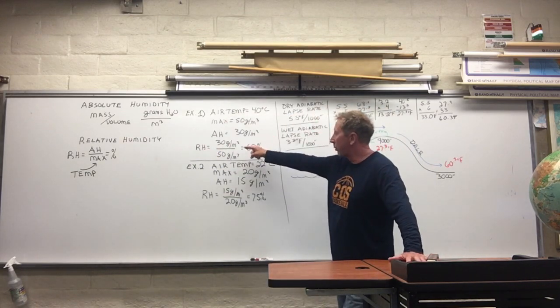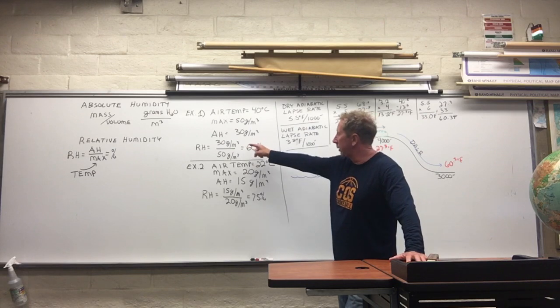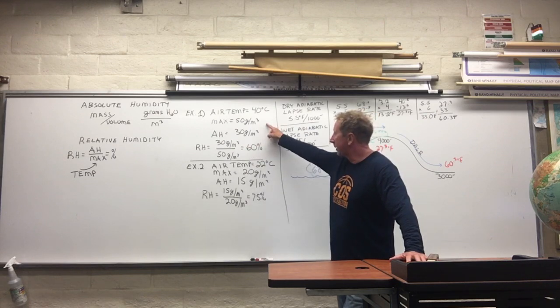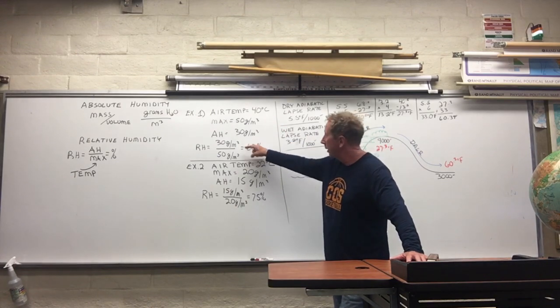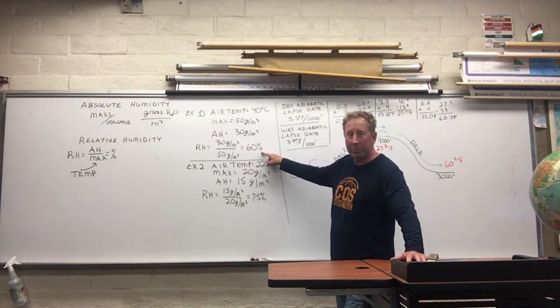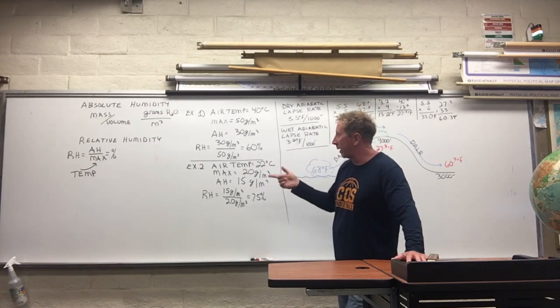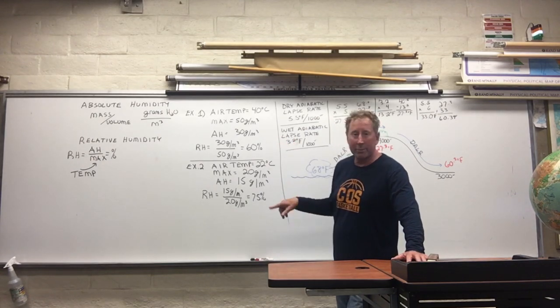So the actual amount of water vapor in the air, absolute humidity, is 30 grams, the numerator. The max the air can hold at that temperature is 50 grams per cubic meter. So 30 over 50 is 60%.